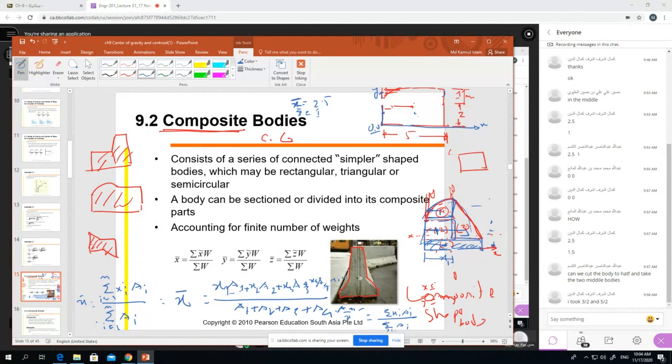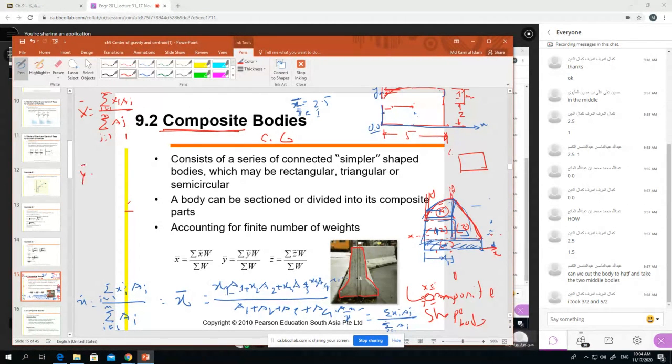So what is the formula? It is a simple formula to find the x bar for a composite body. Is simple, right? I write it down. X bar equals summation of I equal to 1 to n, xi into ai.